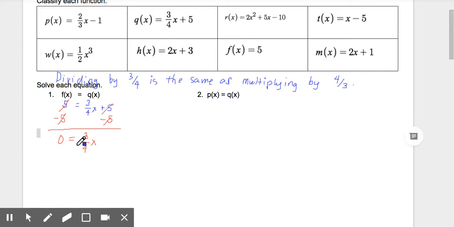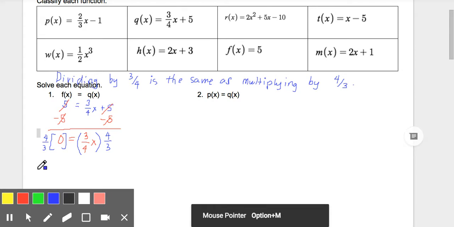Okay, so I could also multiply by 4/3. And if I multiply the right side by 4/3, I have to multiply also the left side by 4/3. And then we just simplify.